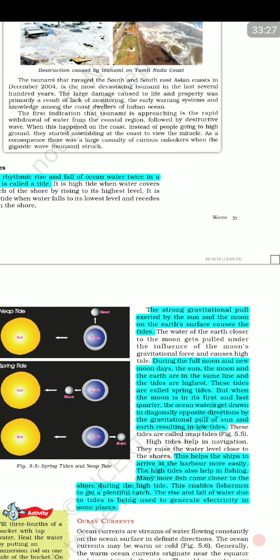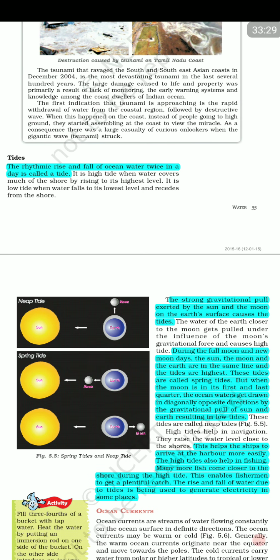Now, the two kinds of tides are neap tide and spring tide. Spring tide is a high tide, neap tide is a low tide, right? Yes, and in both the full moon as well as the new moon, there are spring tides.